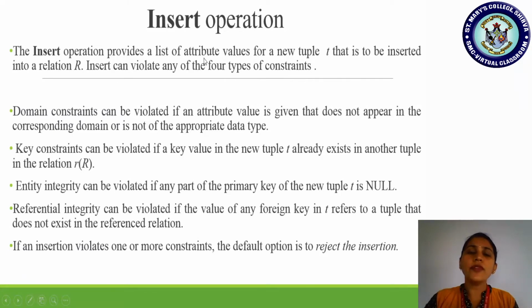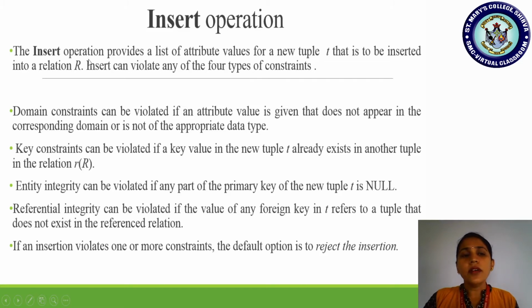So the number of attributes is 8, and 8 attributes means values have to be given for all the 8 attributes, and all those 8 attributes for one particular employee form one tuple. Yes or no? One tuple, if you are inserting, means it is one employee's information with how many attributes? 8, the list of attributes.